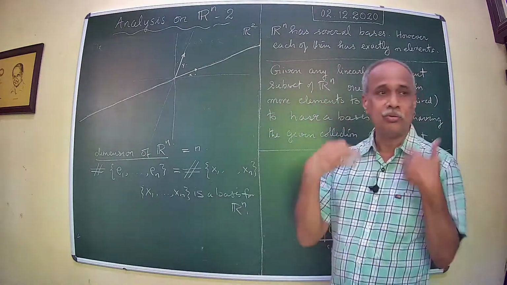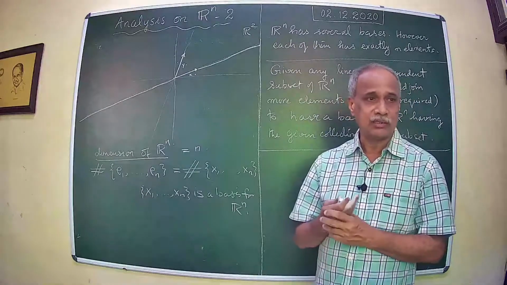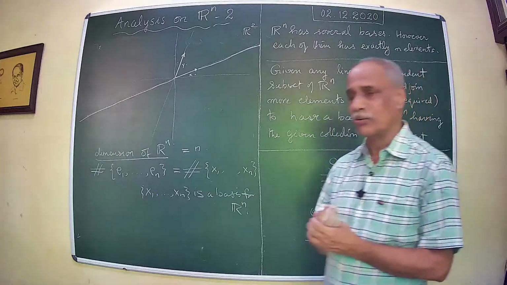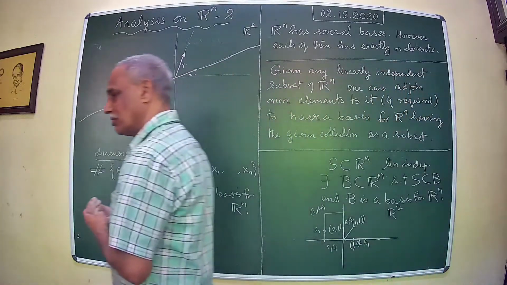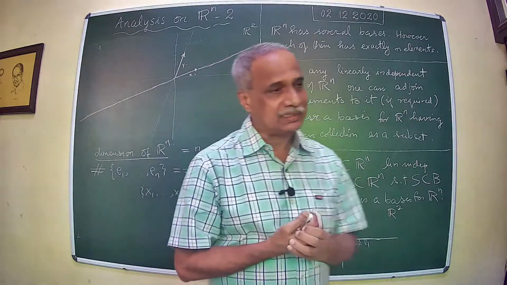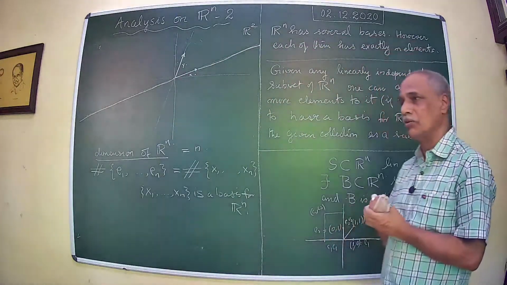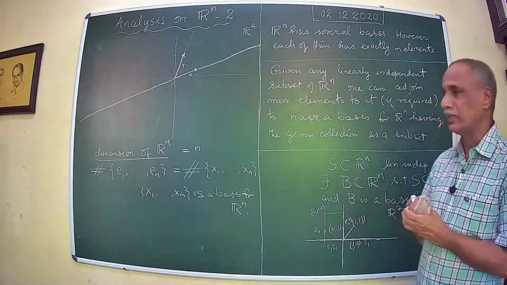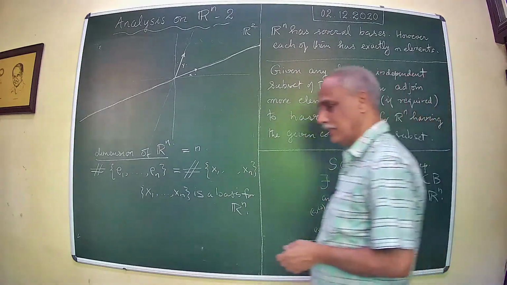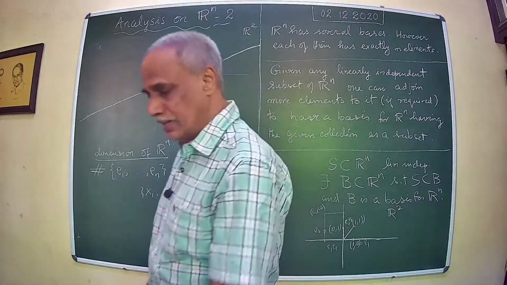But if you choose more than 3 elements, then some of them are going to be redundant. Okay? Therefore, every basis will consist of exactly 3 elements. Therefore, we call it a 3-dimensional vector space. That's the picture that emerges. Okay?